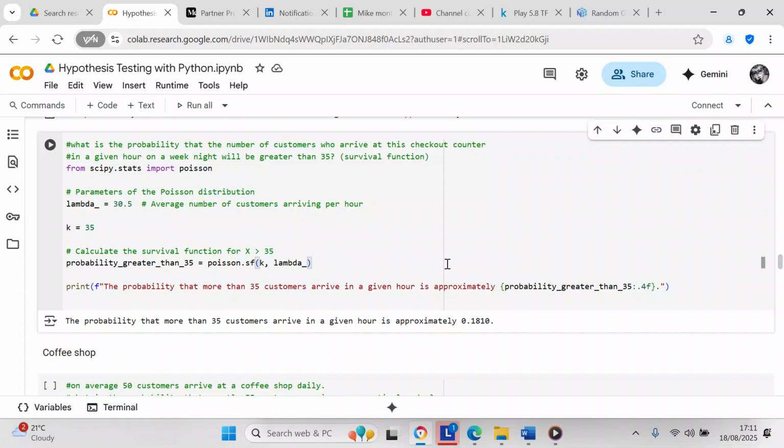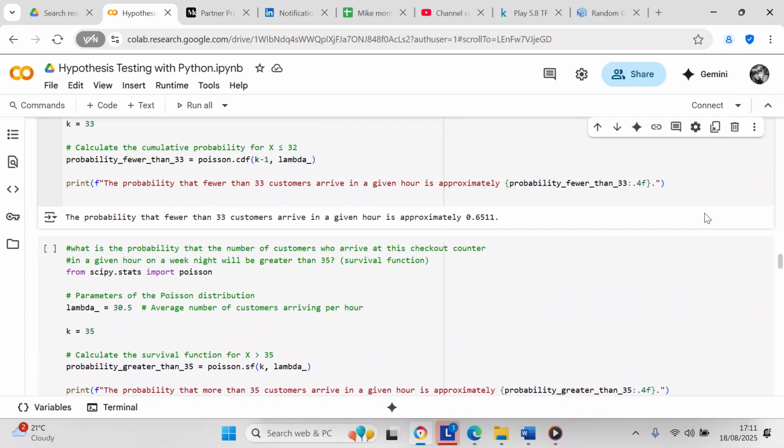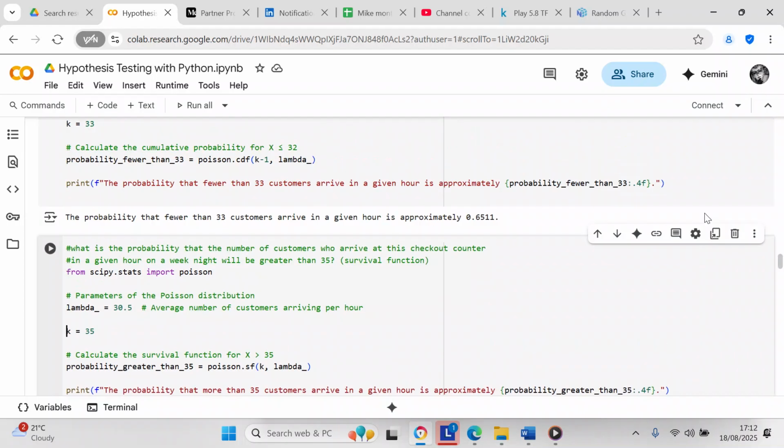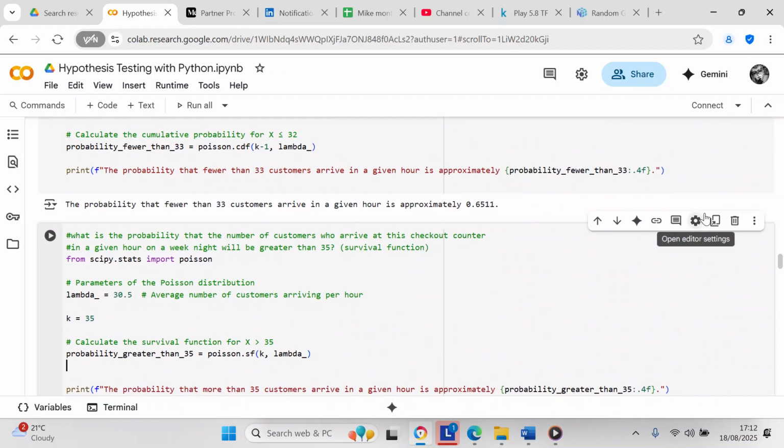So the lambda is 30.5 and the k is 35. But what I want to check here is this. I'm not sure about this, but I'm going to give it a go.